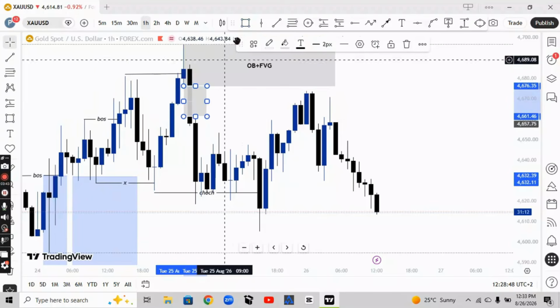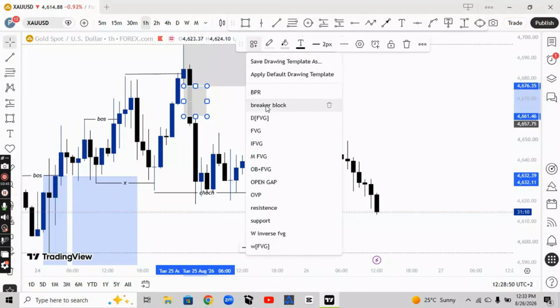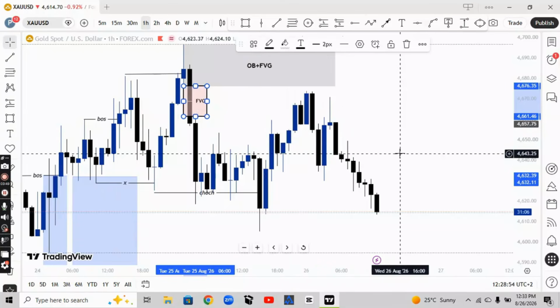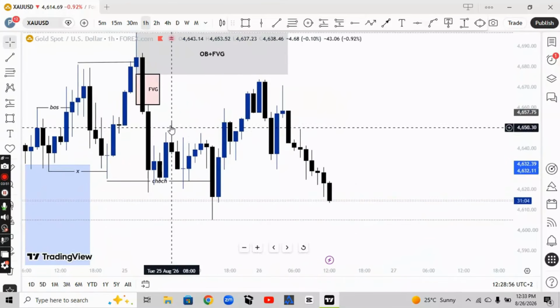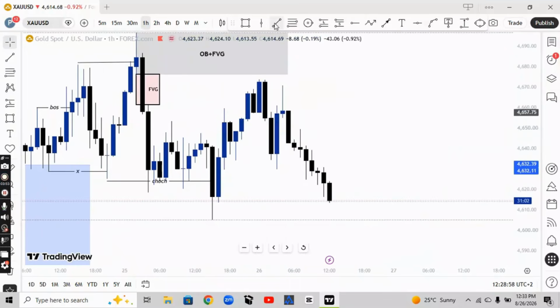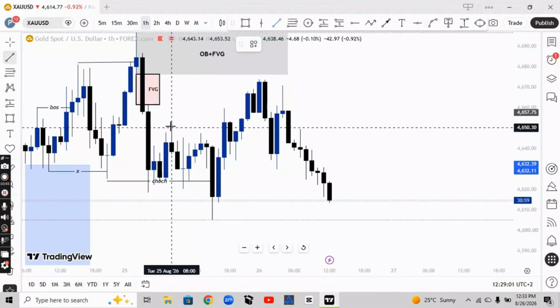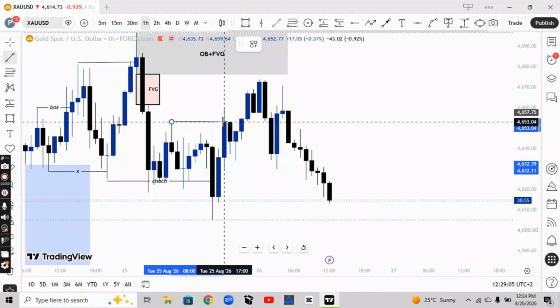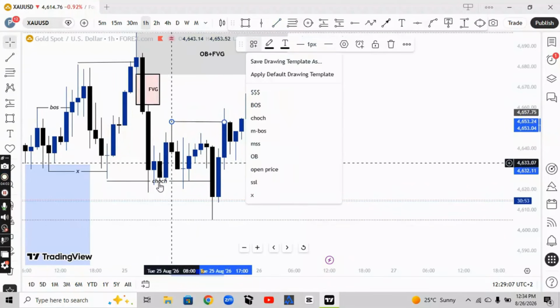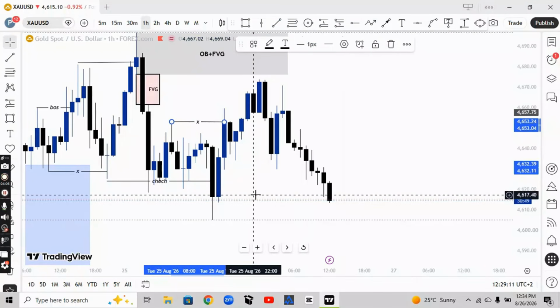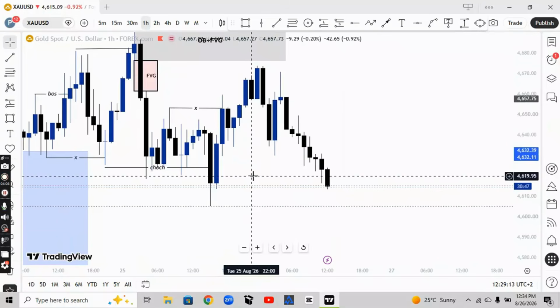So price acted from the fair value gap and is pushing below, and then this would have been our minor inducement, because it happened before there was a change of character.